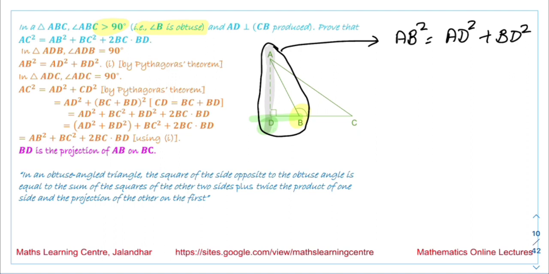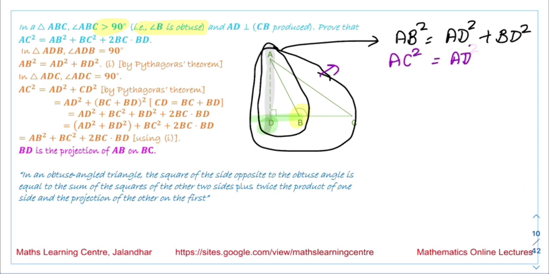And if we are talking about this whole triangle ADC, then we will have AC square is equal to AD square plus DC square. Now this whole DC, you can write it as AD square plus, in place of this DC we are writing DB plus BC whole square.